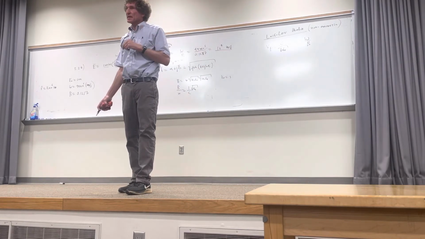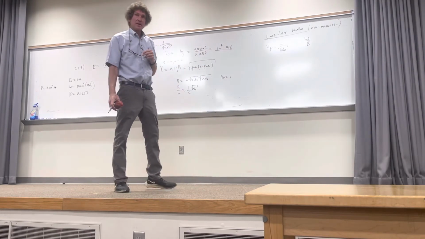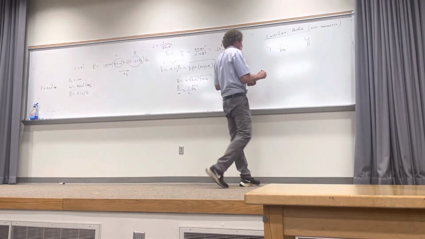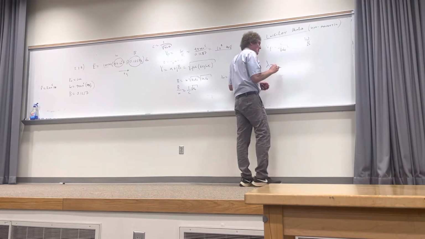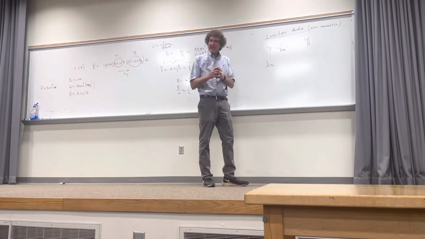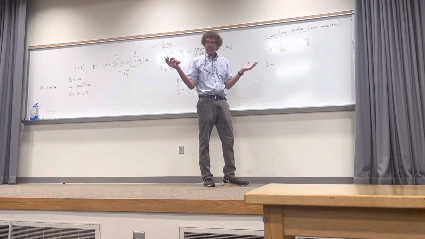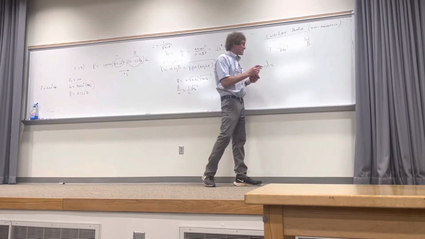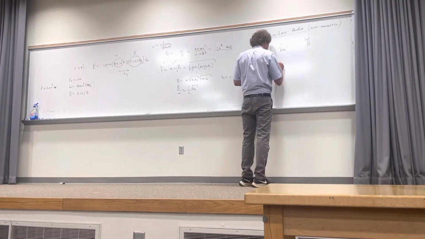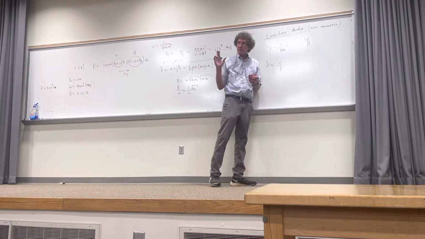The next thing is wavelength. Whenever you want wavelength, well, if there was no material, if you were in free space or a vacuum, wavelength will be C over F. Now, we can prove that.